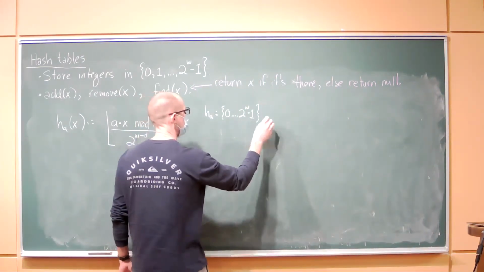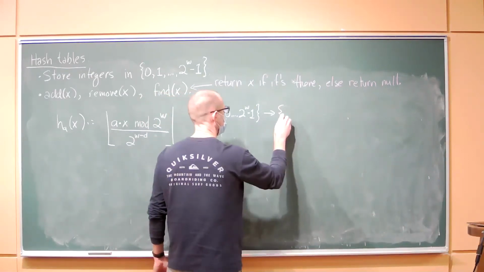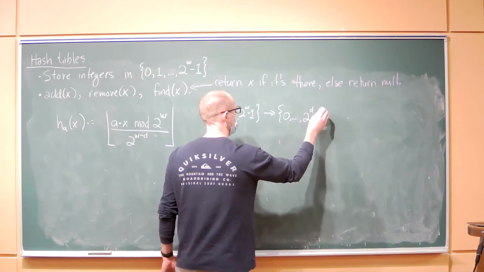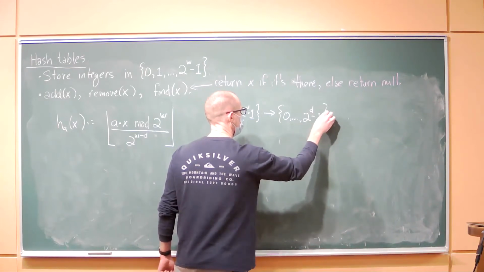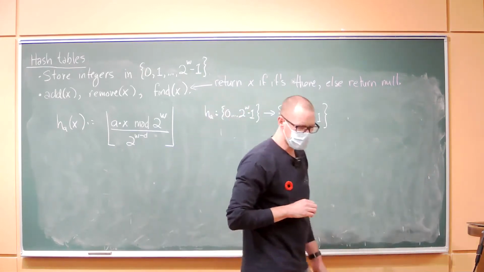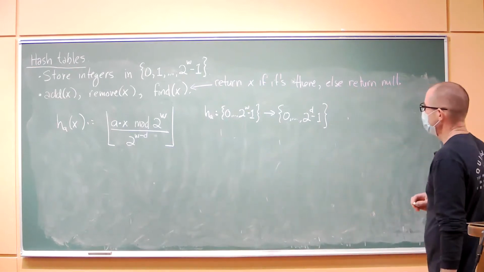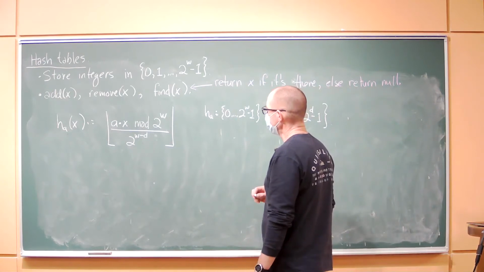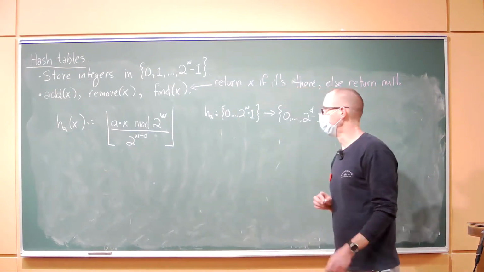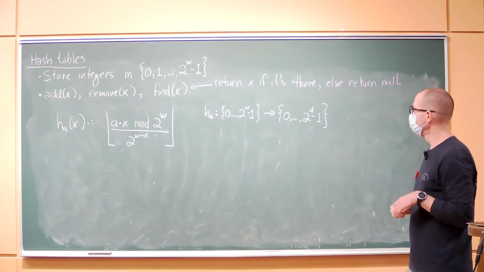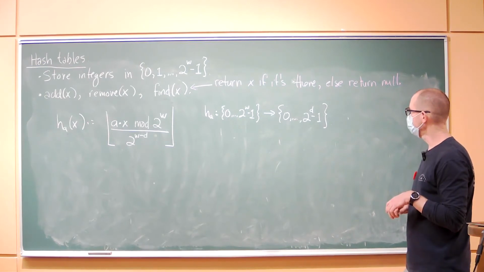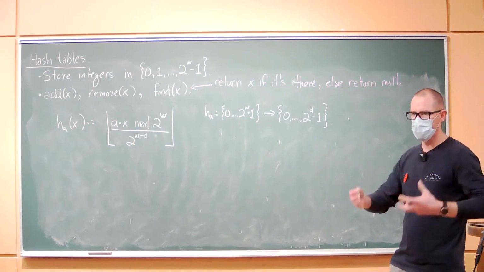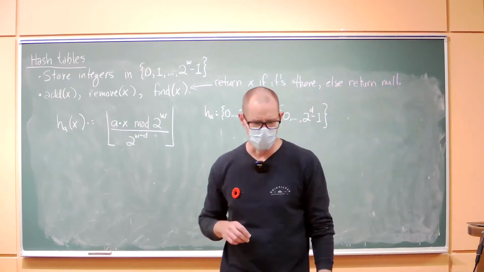That's the inputs, but the outputs only go from 0 up to 2 to the d minus 1. Okay. And so in general, if d is less than w, then this is a shrinking operation. It takes you from a big set onto a smaller set.